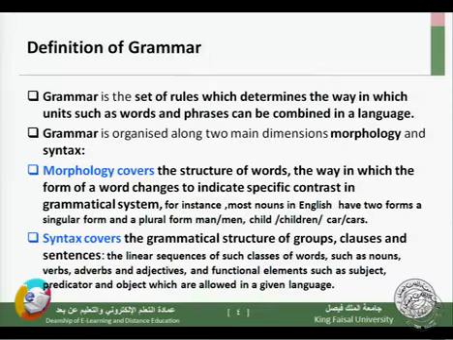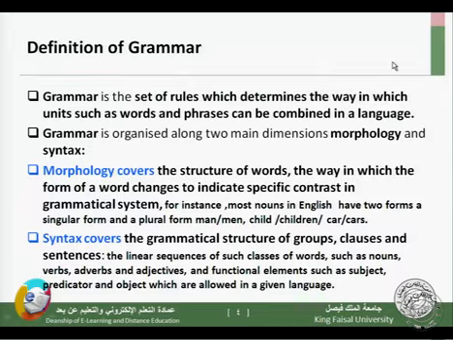It looks at these grammatical structures of groups and clauses and sentences in a linear way. The linear sequence of such classes of words such as nouns, verbs, adverbs, adjectives, and functional elements such as subjects, predicate, object, which are allowed in a given language. I'll put it to you very simply.